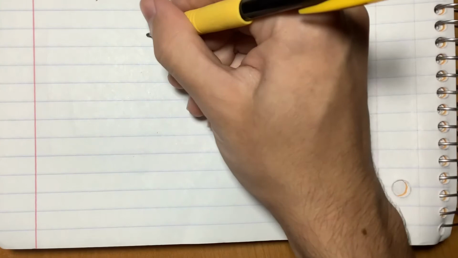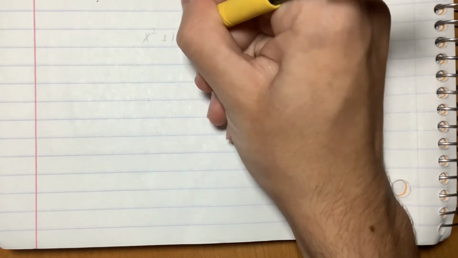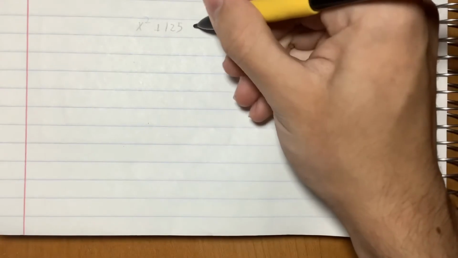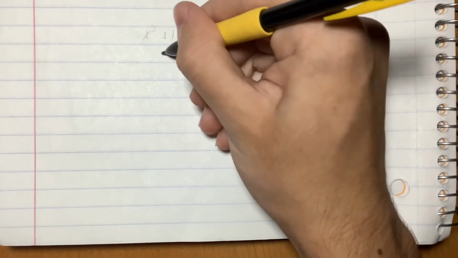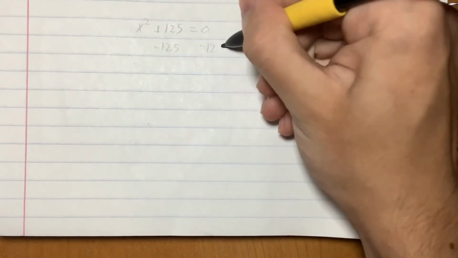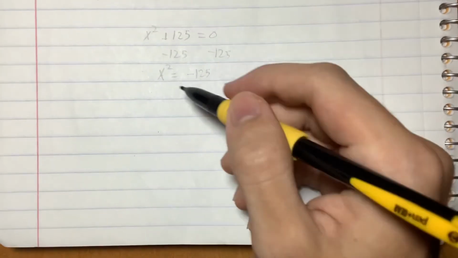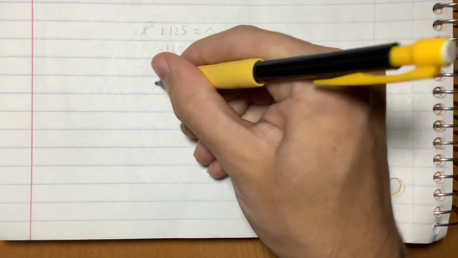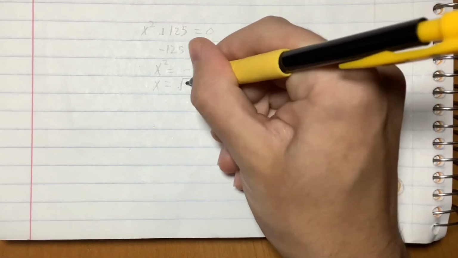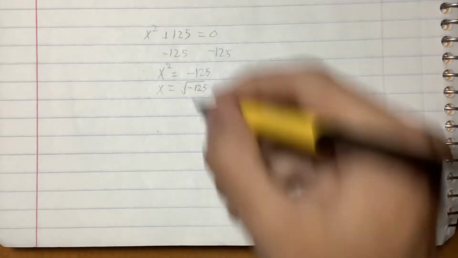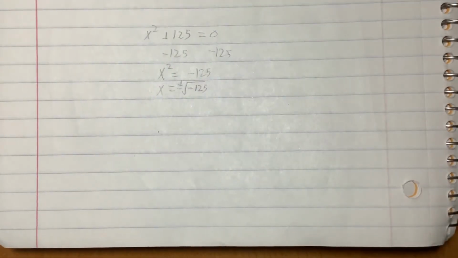Moving on to an even harder problem, we will try out x squared plus 125, and this will equal 0. And now we have to solve for x. So we can subtract 125 from both sides, and that'll be x squared will equal negative 125. Okay, if we square root both sides, we can get x will equal plus or minus the square root of negative 125.